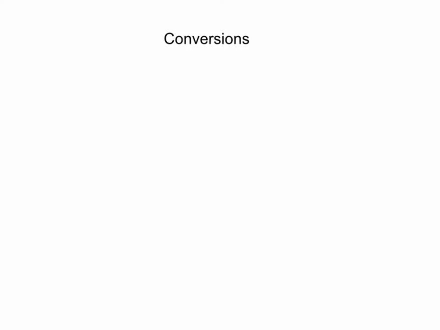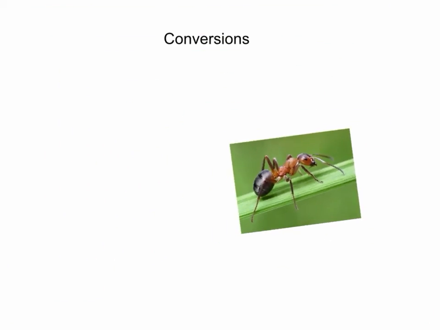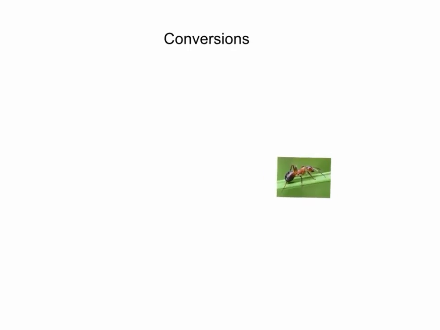So now that we've looked at the different properties of an object that we can measure in the sciences, let's look at what happens in a more extreme example. So let's see, we're still in the woods walking along, and we come across an ant. And ants are generally not that big, so let me shrink this ant down.